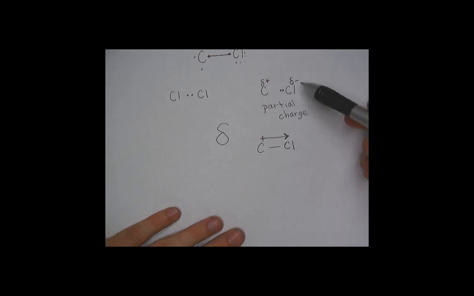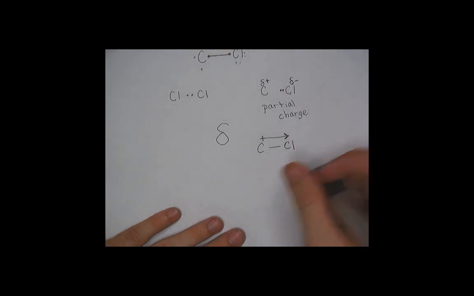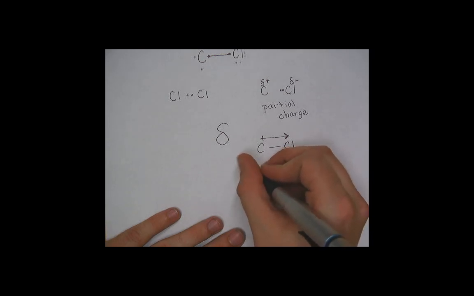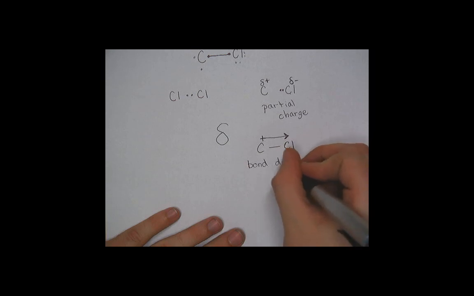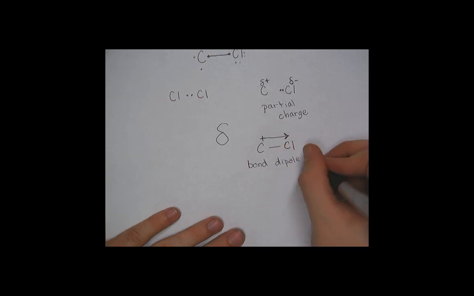And at this point in the lecture, we could say they convey the exact same information, and in reality they do. But the plus arrow contains information that we like to call the bond dipole moment.